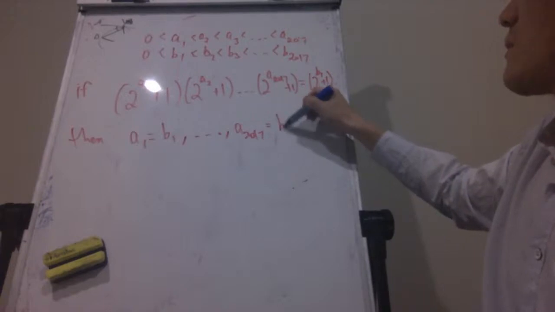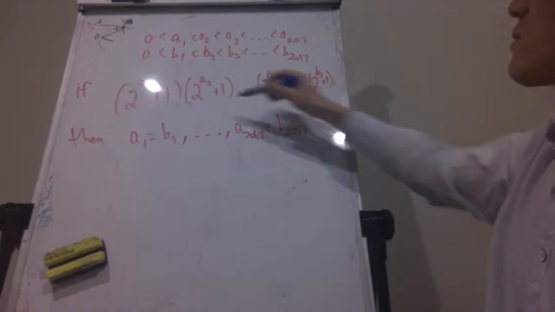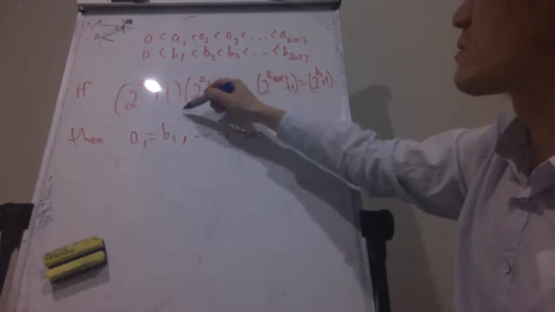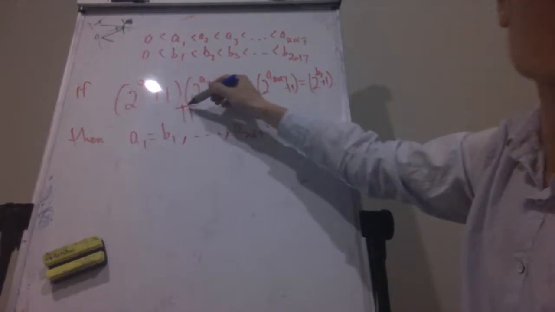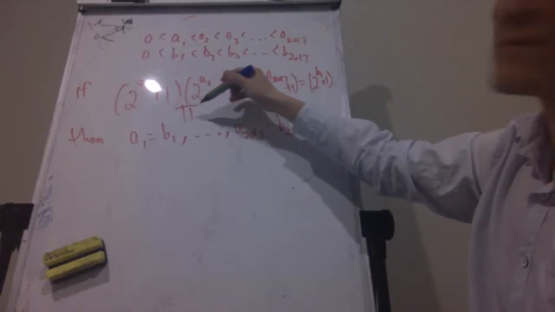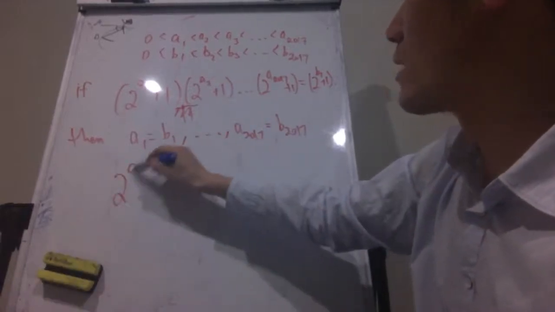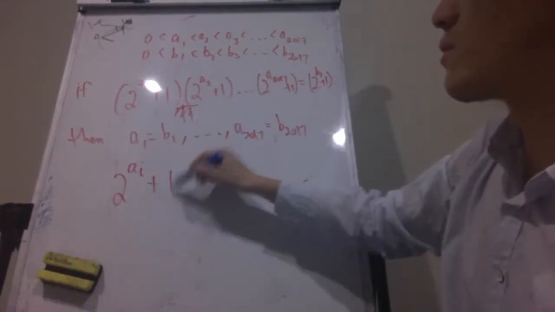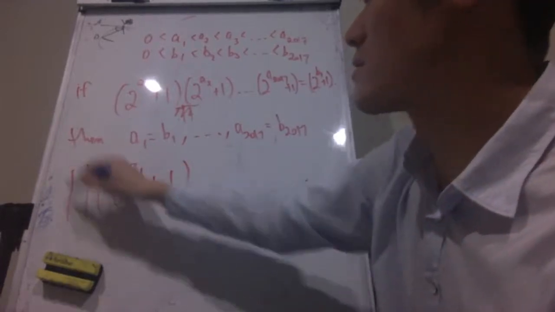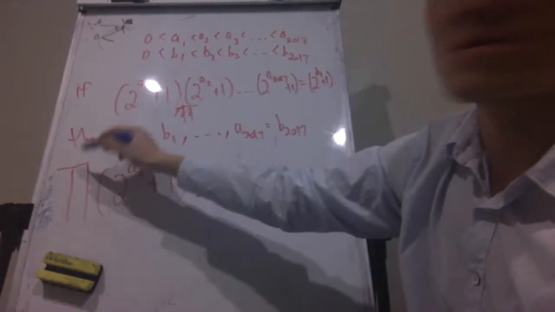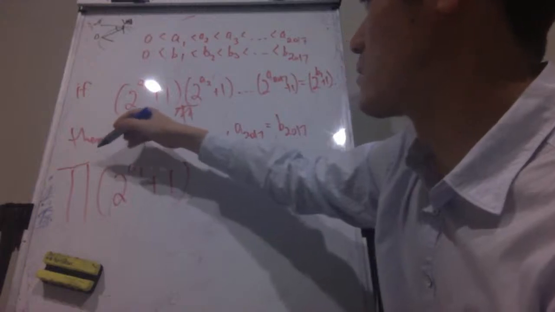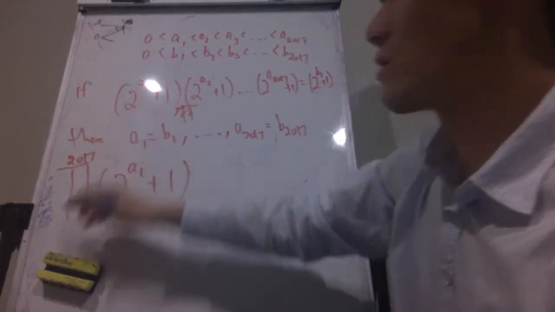You can write this quicker if you have this in product notation. Have you seen sigma notation? It's like that, but now it's a product.